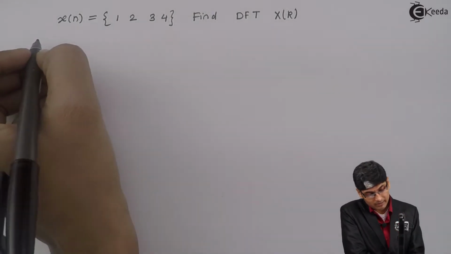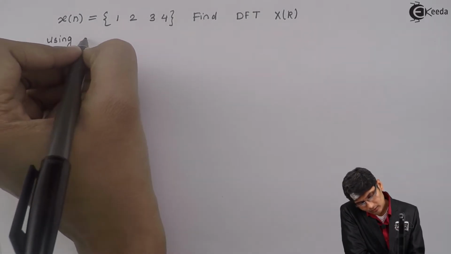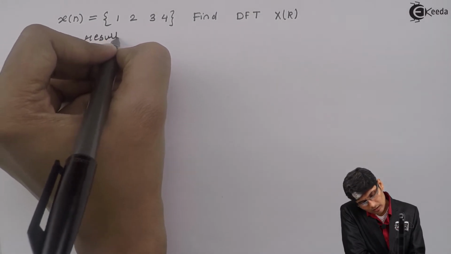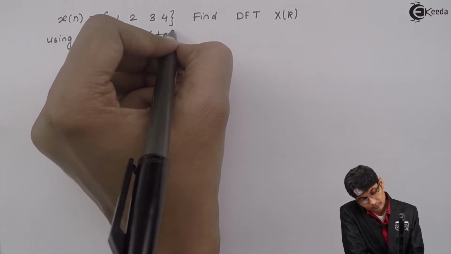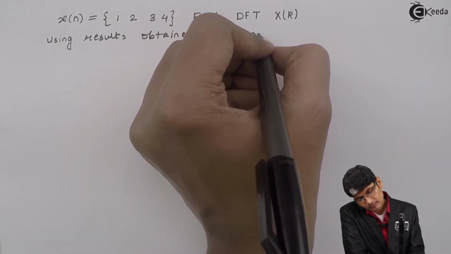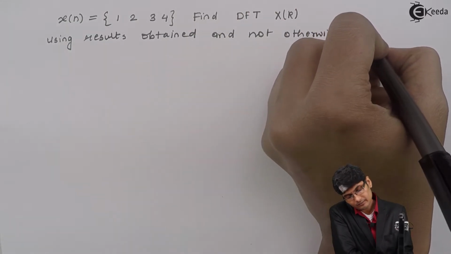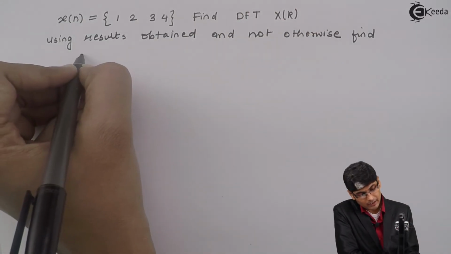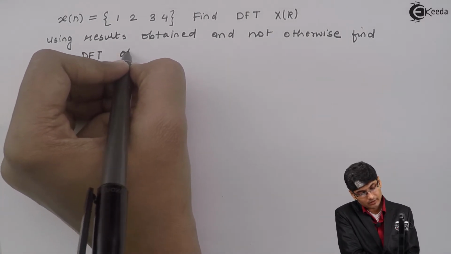But then the problem is extended as: using the result obtained and not otherwise, find the DFT of the following sequences.